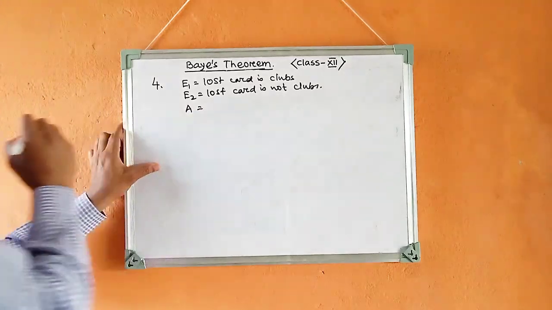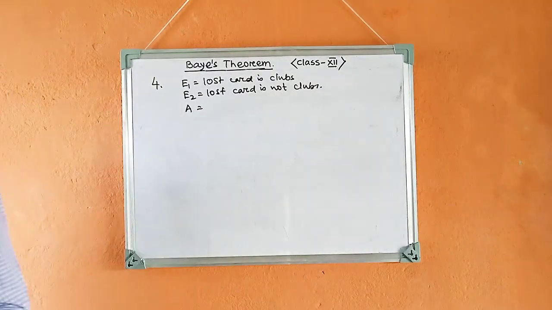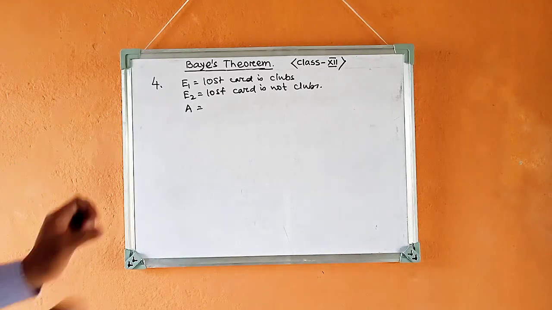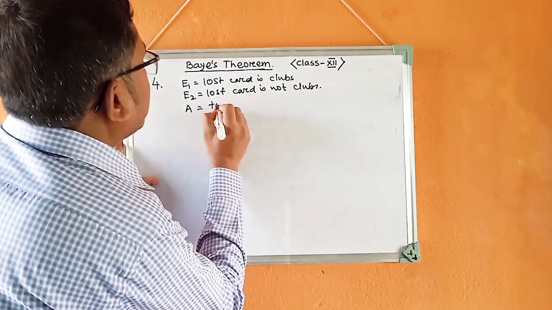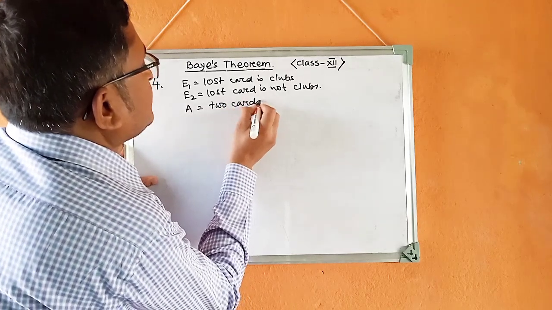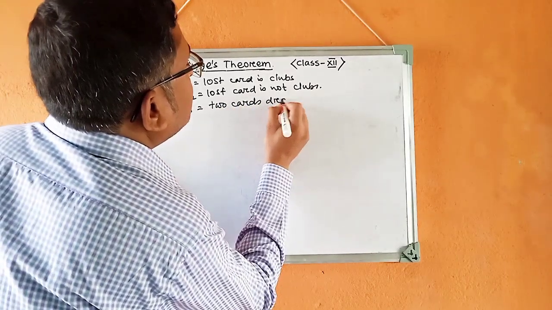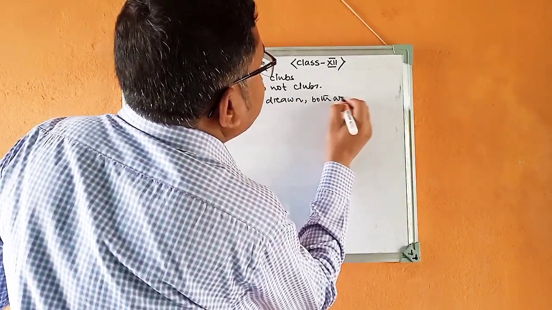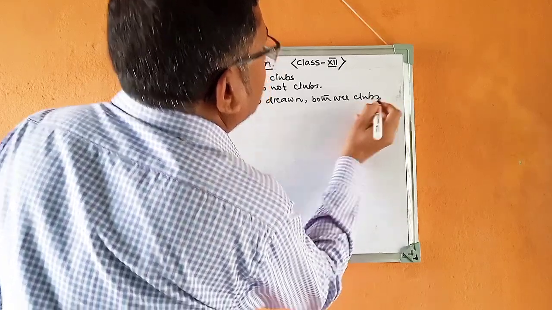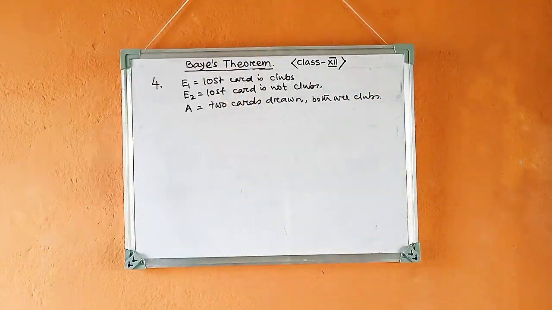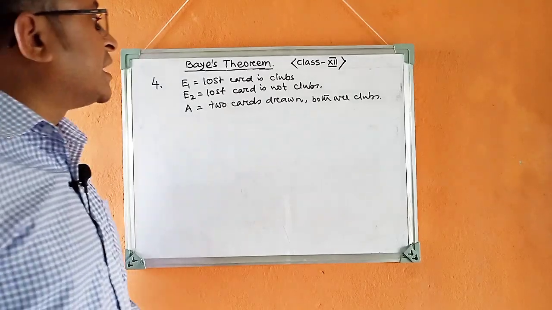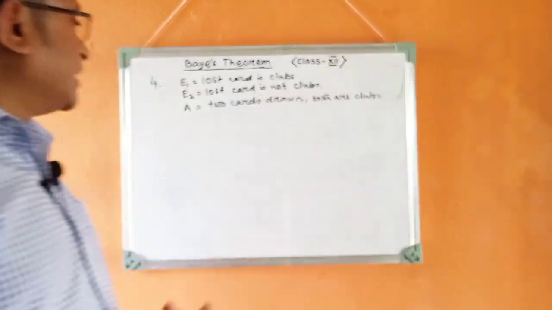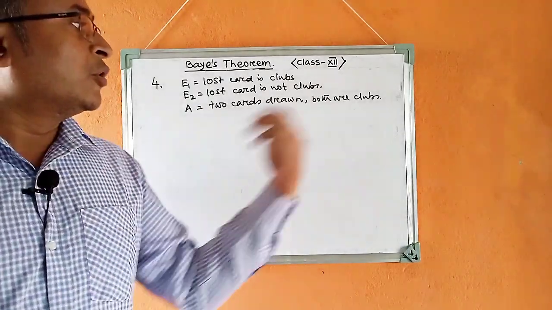And event A: two cards are drawn, and both are clubs. So at first, event E1, the lost card is a club; E2, the lost card is not a club; and A, two cards drawn, both are clubs.